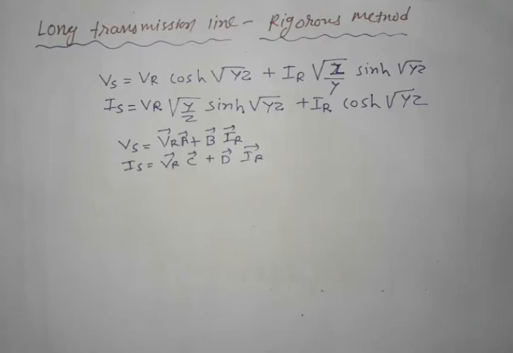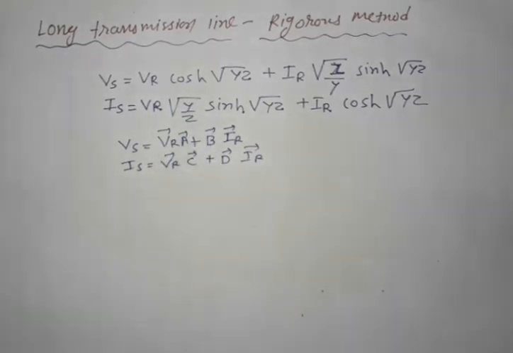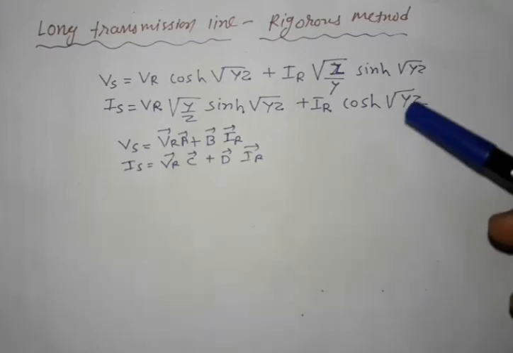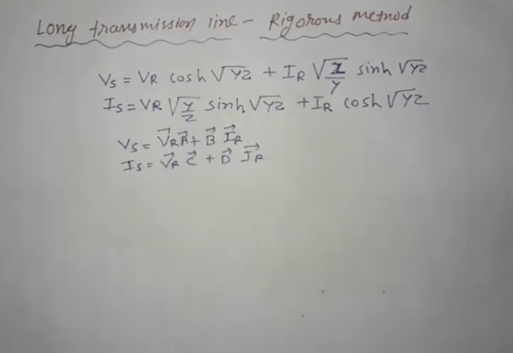We already found the sending end voltage and sending end current equations with the help of the rigorous method for a long transmission line, which is Vs equal to Vr cosh(√(YZ)) plus Ir √(Z/Y) sinh(√(YZ)), and the sending end current equation, which is Vr √(Y/Z) sinh(√(YZ)) plus Ir cosh(√(YZ)). Now these equations are already in Vr and Ir form.